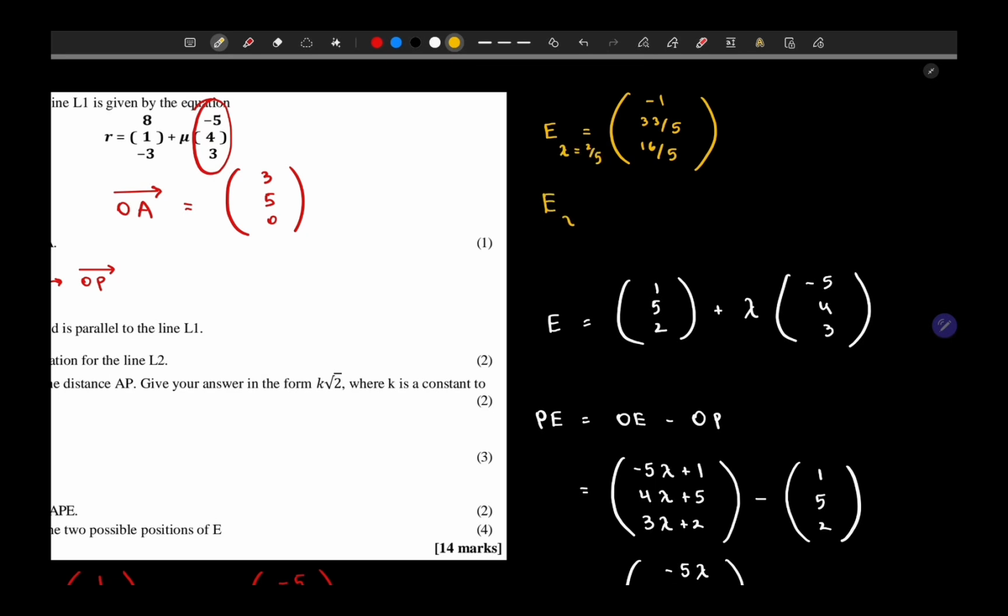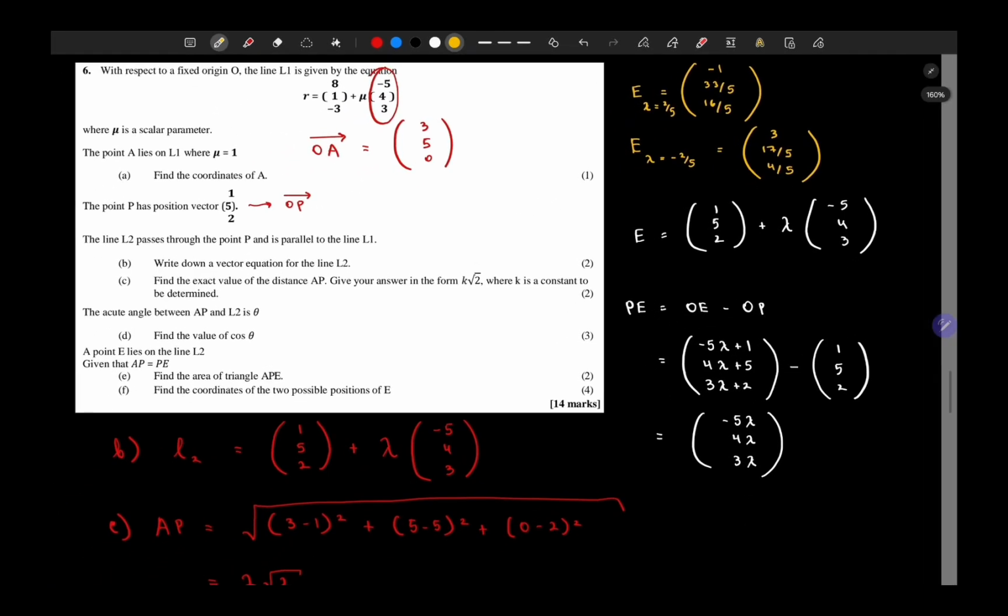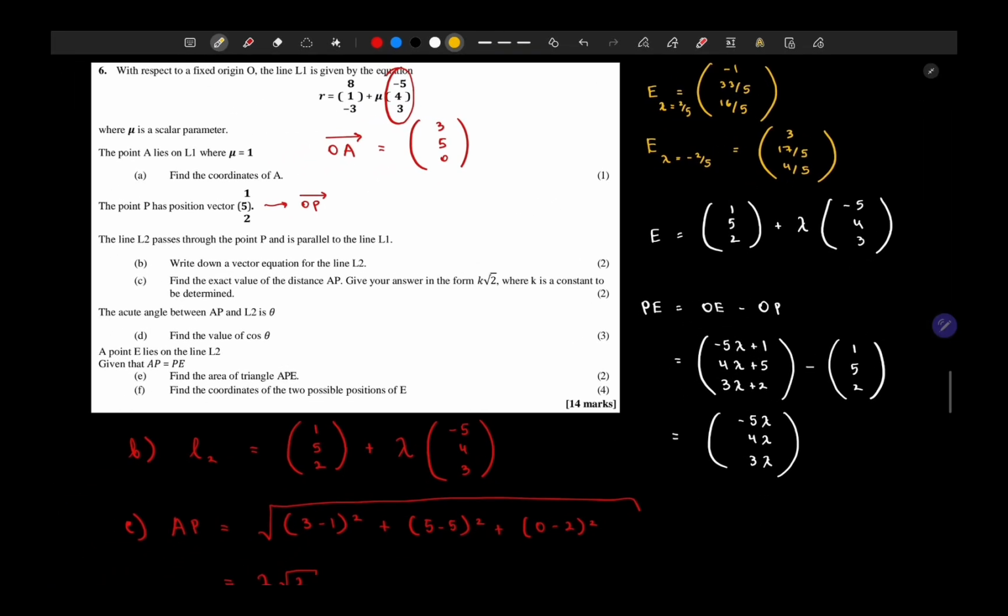And when the value of lambda is negative 2 over 5, let's find out the coordinates of point E. One of the coordinates will be 3 and the other ones will be 17 over 5 and 4 over 5. So these are the two possible positions for point E. So that is it for this question.